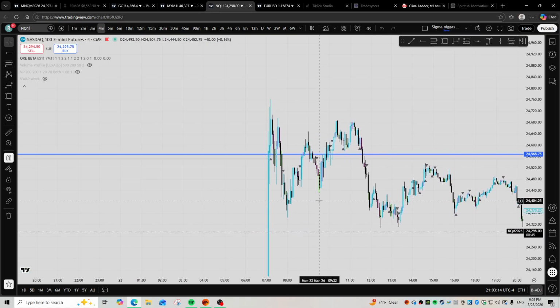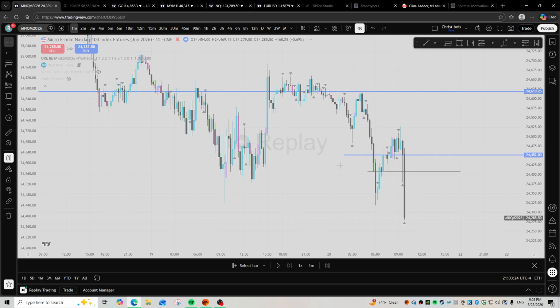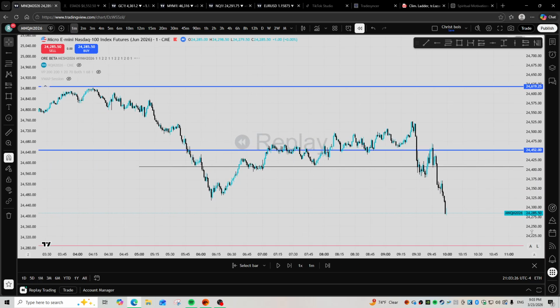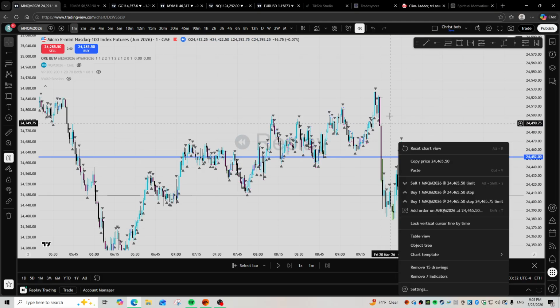Because what makes more sense is to see that, okay, price dug into here, so it's giving more bullish vibes than bearish.